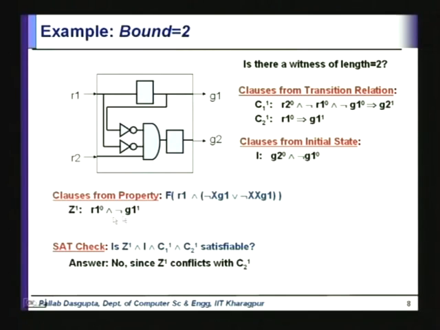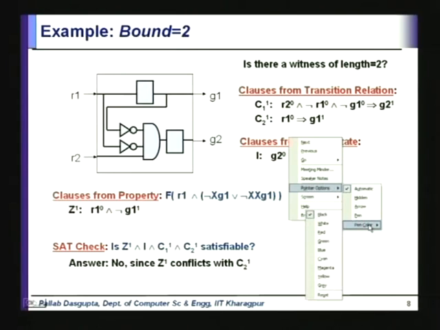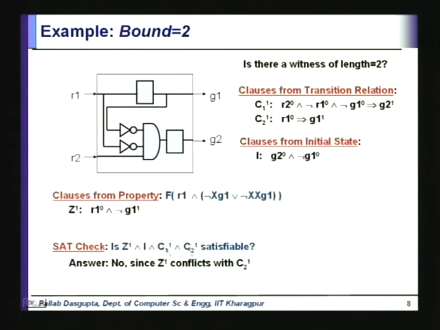So, we can pass this set of clauses to a SAT solver and ask, is Z1, which is this one, intersection I, this one, intersection C1 and C2, these clauses, whether this whole thing is satisfiable.